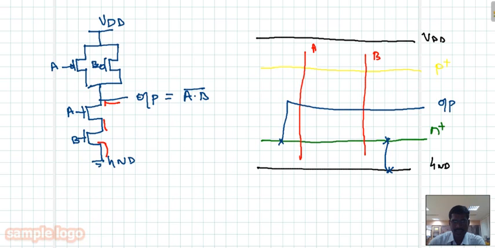Similarly here, the midpoint of your A and B is connected to VDD. So A's other end and B's other end are shorted and given to output Y.